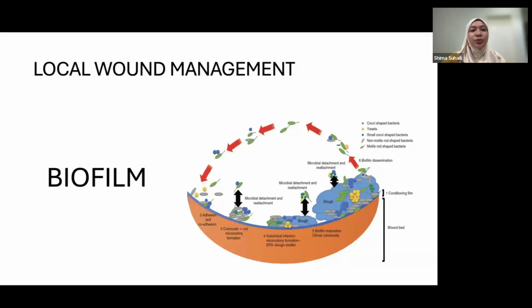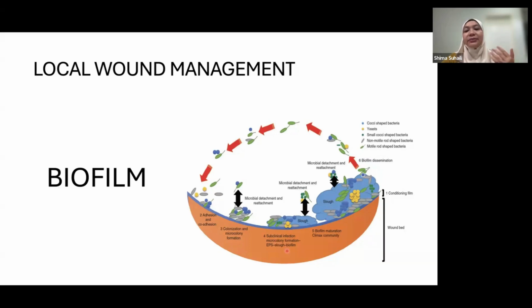Waktu ni, kalau you buat mechanical debridement, okay, mungkin ada harapan lagi. Masih boleh bantu lagi wound tu. Tapi bila katakan kita biarkan je, kita tak buat apa-apa intervention terhadap chronic wound ni, okay, lama-lama dia akan buat satu like a microcolonic formation bersama dengan dia punya koloni bakteria lain.